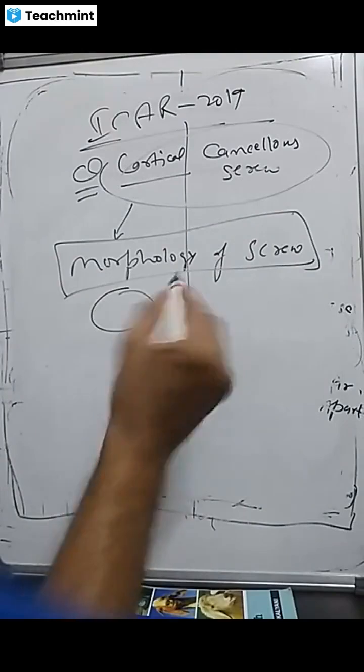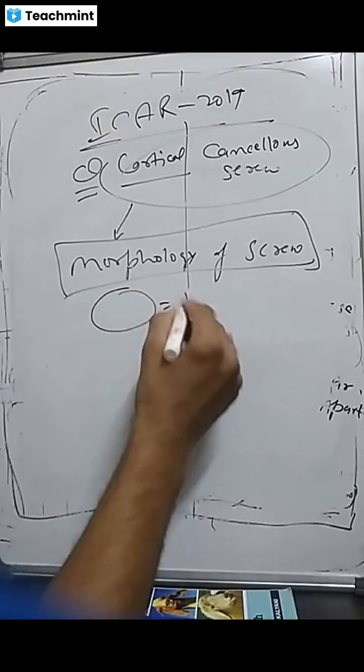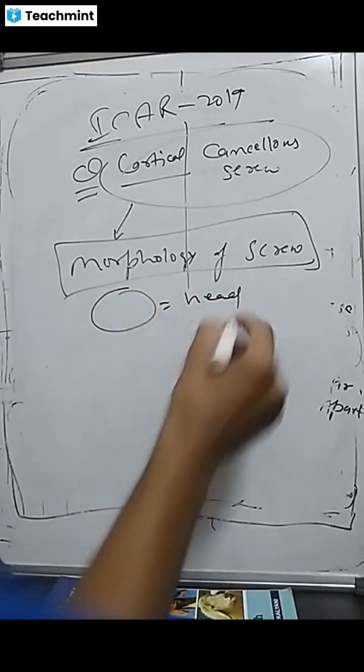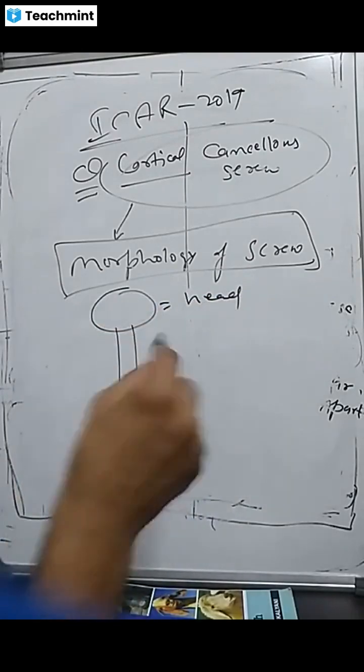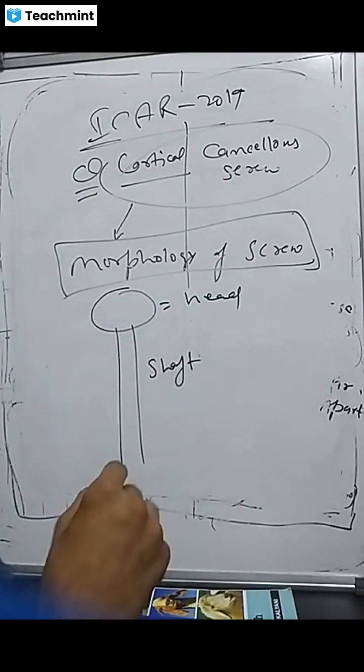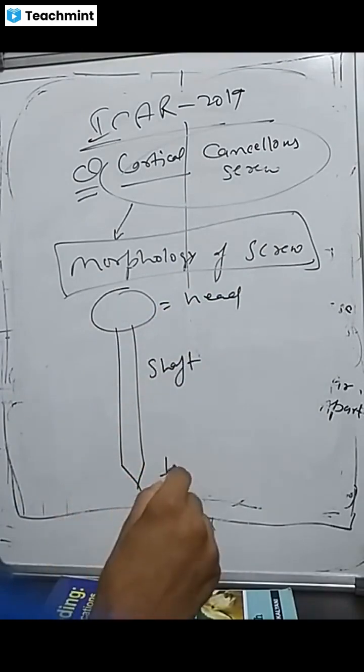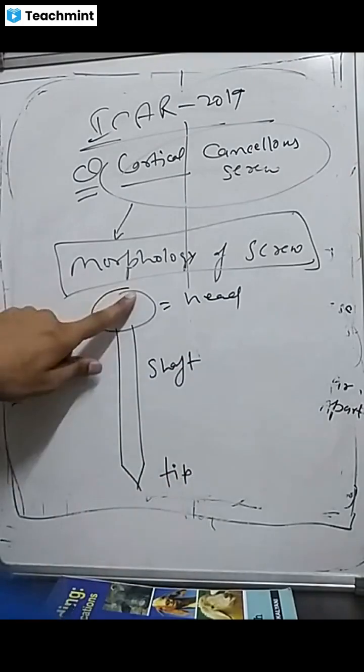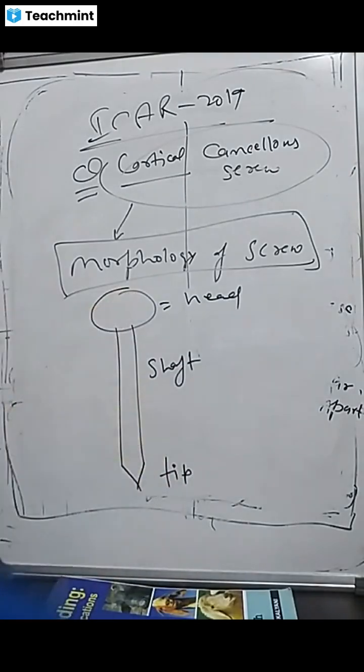First we'll see the morphology of the screw. This is known as the head of the screw, this is the shaft, and this is the tip. Very simple: head, shaft, and tip.